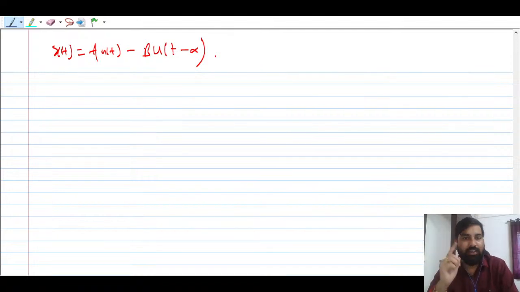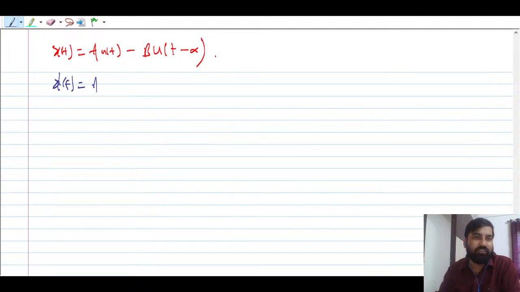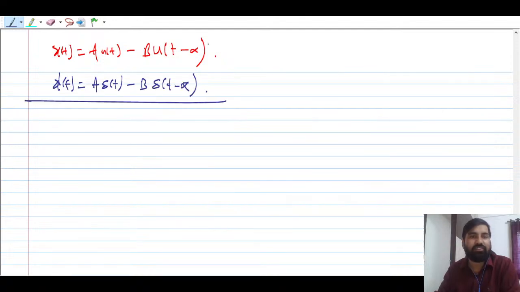So if you differentiate this, the differentiation is a delta of t minus b delta of t minus alpha. Graphically also you can always differentiate.